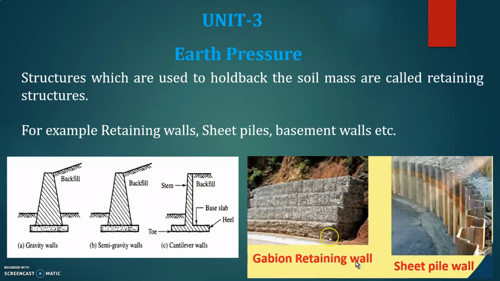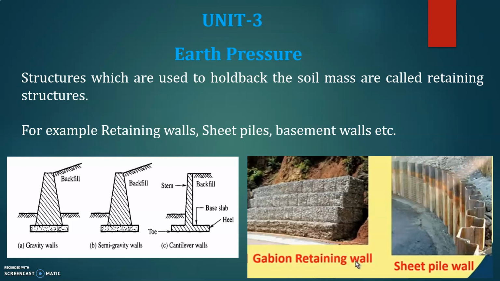And here you can see the Gabion retaining wall. Typically, in a Gabion wall, using wire mesh you make a big box, and inside the box you keep large rock masses like gravel or boulders.